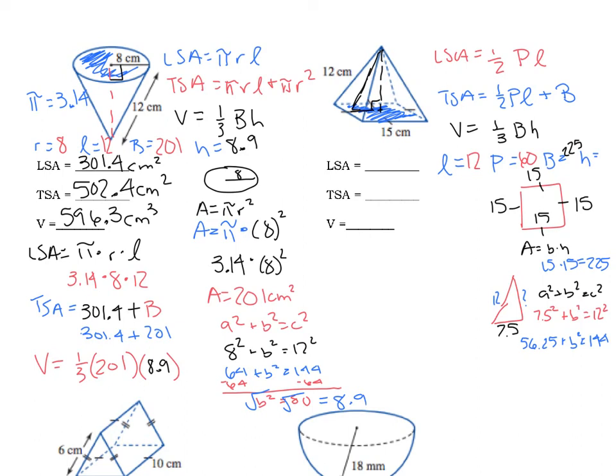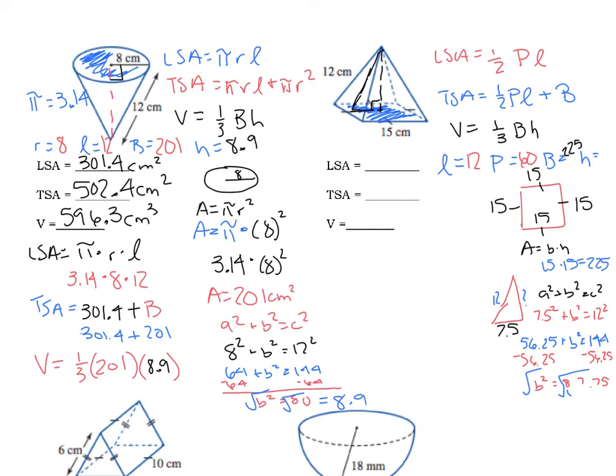All right, got to solve. So I'm going to subtract this 56.25 from both sides. So 144 minus 56.25 results in b squared equaling 87.75. Last step, don't you forget it, is to take the square root of that.